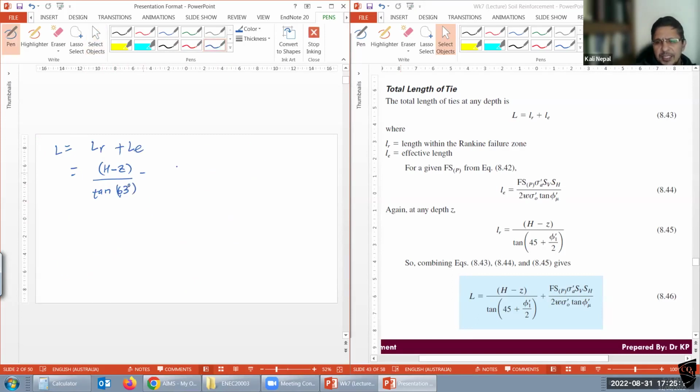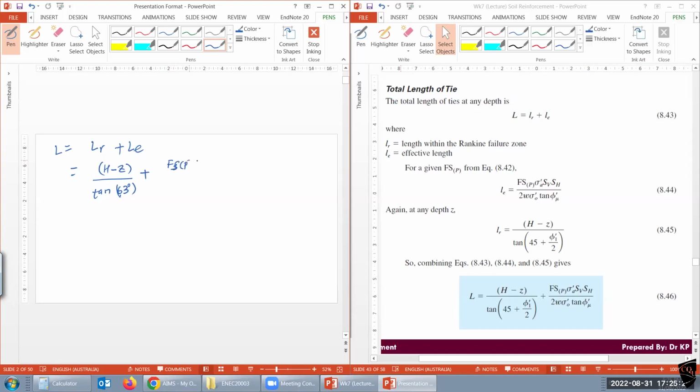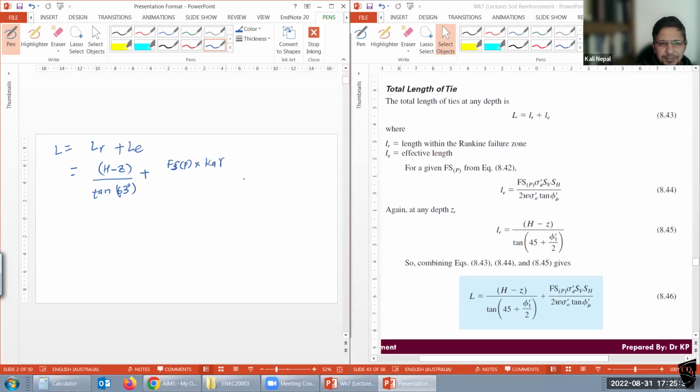Plus FS pull out, factor of safety pull out, times the lateral earth pressure. So that must be Ka gamma h, the top part, the granular fill, and the S_v as heads divided by 2W.